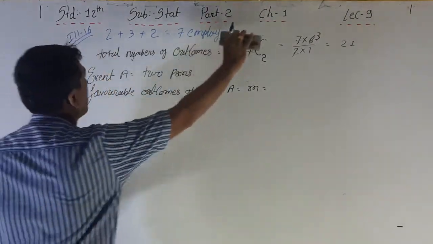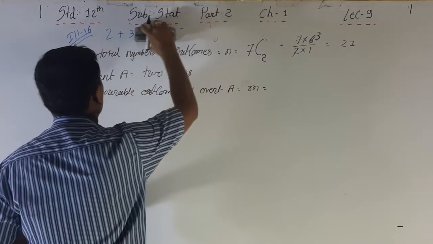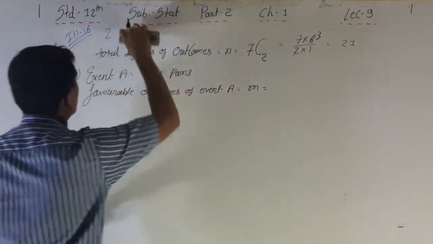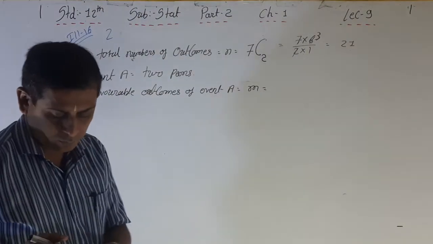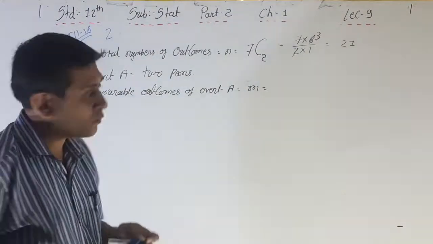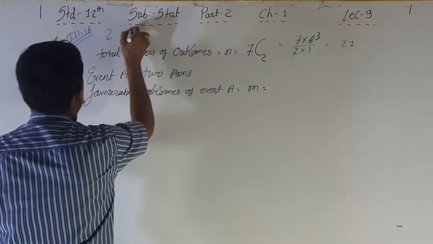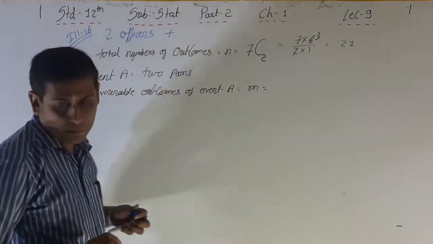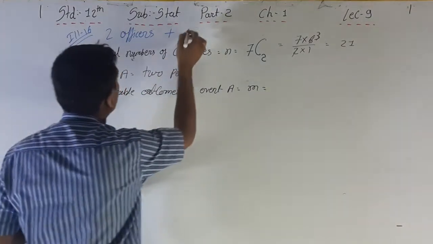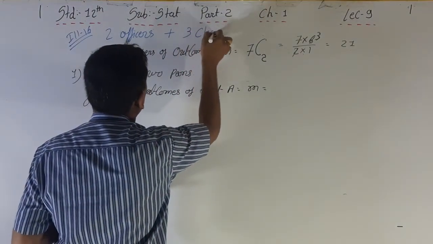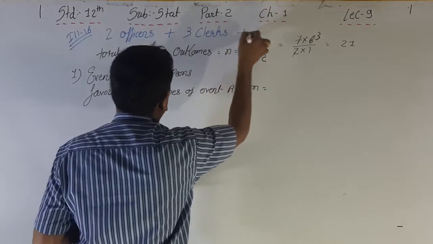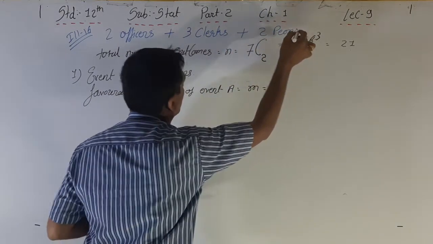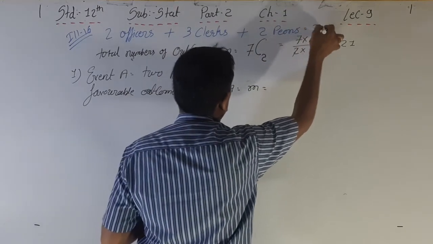See, we have to write first here: 2 officers plus 3 clerks plus 2 peons, that is 7 employees.